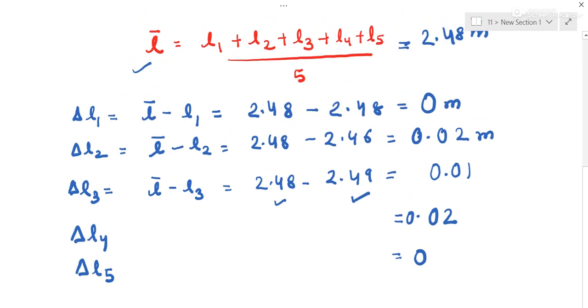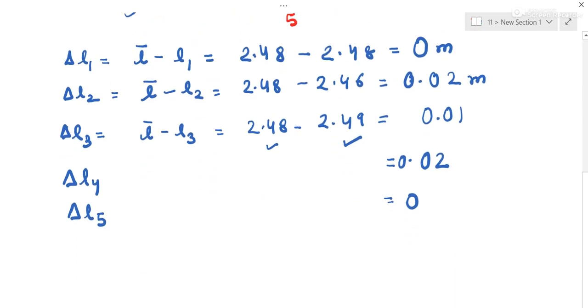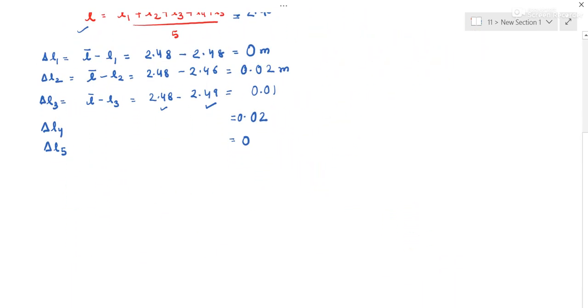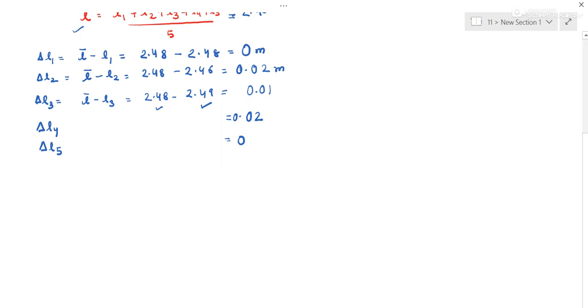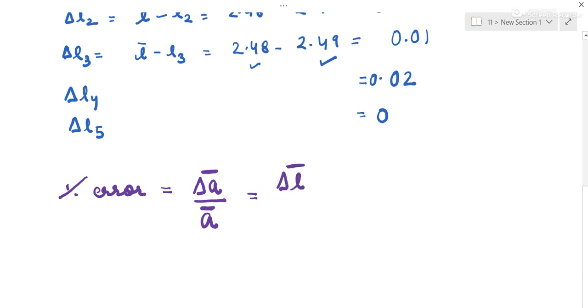Now, what is the next part of the question? We'll have to find the percentage error. The formula of percentage error is the mean of error divided by the mean value.